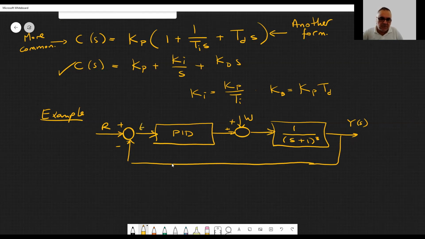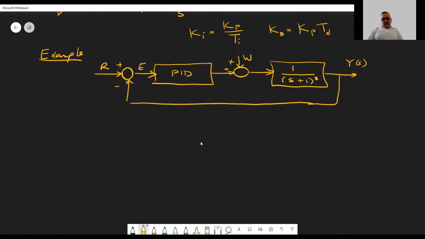So you have a PID controller and this system. So determine Kp, Ki, Kd. That's our task.